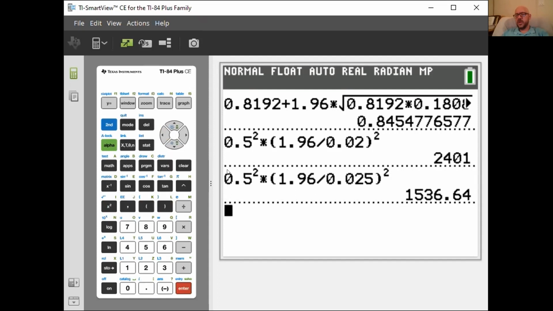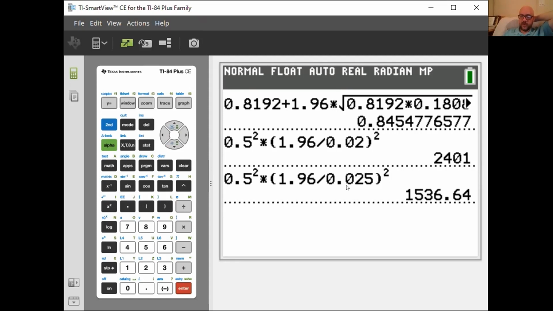If you don't think it's going to be 0.5, if you think it's going to be 60-40, you can get away with a slightly smaller number. 0.5 squared is 0.25. If you think that the split is going to be 60-40, that's 0.24, which gives you a slightly smaller sample size. 3% is also a really common margin of error.